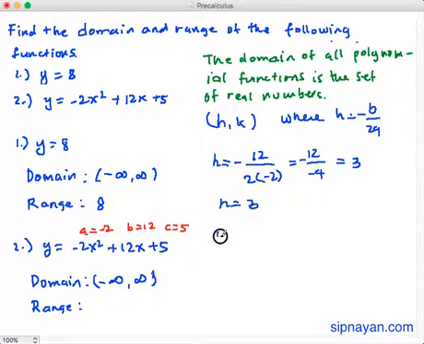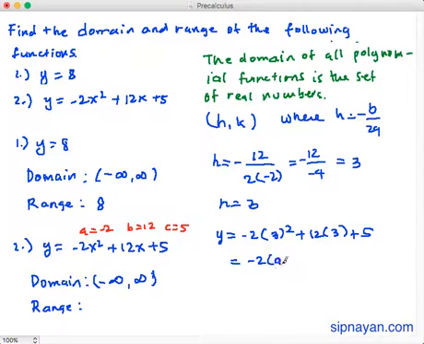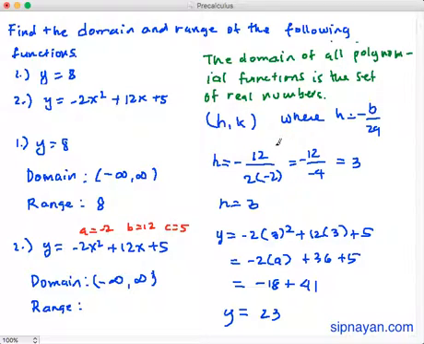So, y equals negative 2 times 3 squared plus 12 times 3 plus 5, which is equal to negative 2 times 9 plus 36 plus 5, which is equal to negative 18 plus 41, which is equal to 23. So, ang y natin is 23, which means our k is equal to 23.